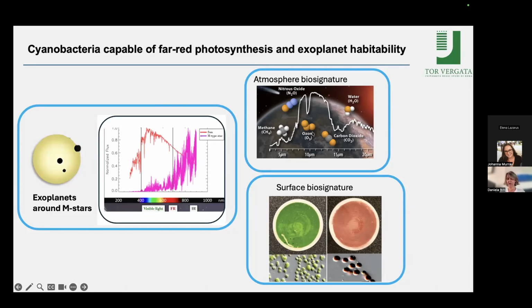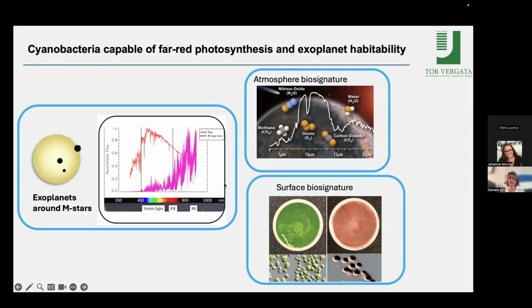We look at the atmosphere and we look for life biosignatures in the atmosphere. Oxygen and ozone are relatively easy to detect in the atmosphere. So the possibility to look for signs of this kind of life form is also very important.